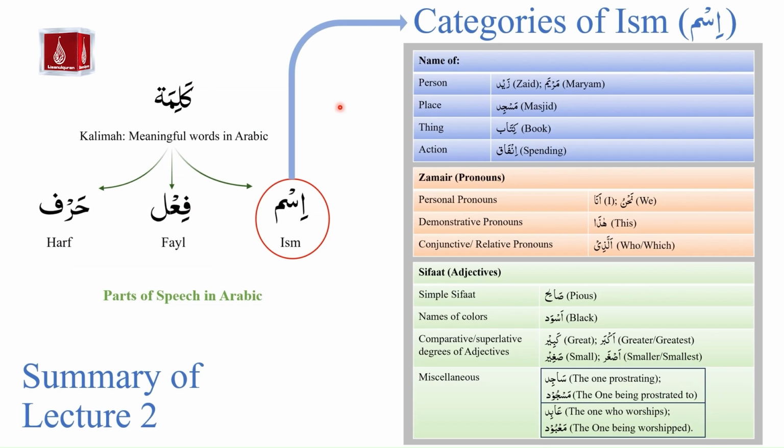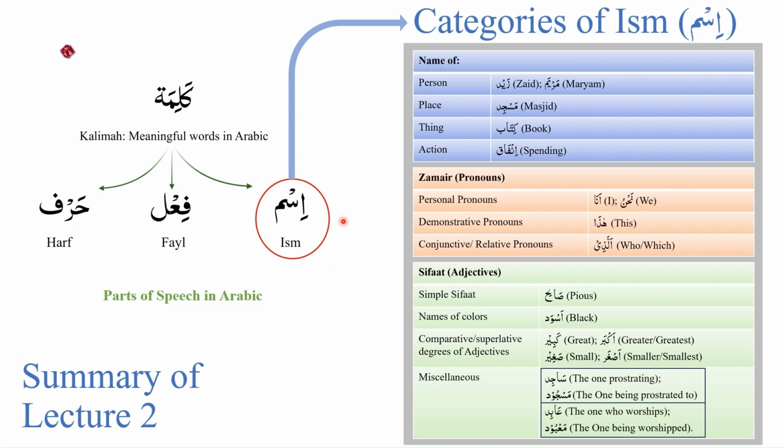Let us summarize what we have learned in the second lecture. Meaningful words in Arabic are called kalima. All words in the Quran are meaningful words. There are three parts of speech in Arabic, meaning that all the meaningful words in the Quran will be either ism, or fail, or harf.